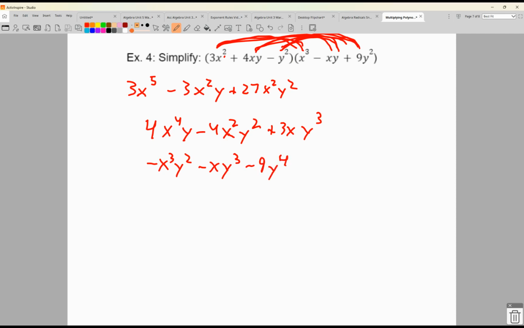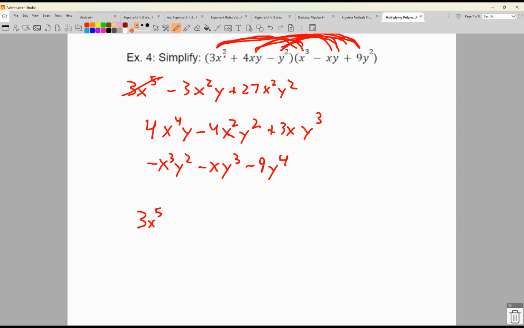Okay, so like terms are going to be a factor in this problem. I'm going to start with my 3x to the fifth. There's nothing else that has x to the fifth, so that's just going to stay 3x to the fifth. I'm going to cross it out so I don't use it again. I'm going to count down from my x power. Next up is x to the fourth.